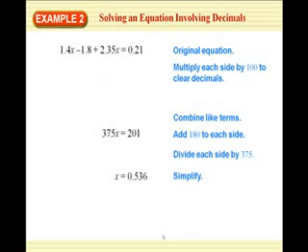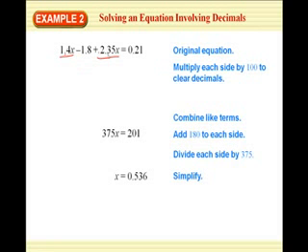Example 2, I don't know why they're all messed up like this. Sorry. This one right here, the same thing and it gets a little crazy in here. You see these? They are like terms. So it's just like with whole numbers, you need to combine these together. So by combining those together, oh, I know what they're doing. Yeah, okay. Let's make this easier. To make it easy, you look at it and you say, if I could get rid of the decimals and just make those whole numbers, it would make this a whole lot easier. So you look at the biggest decimal.